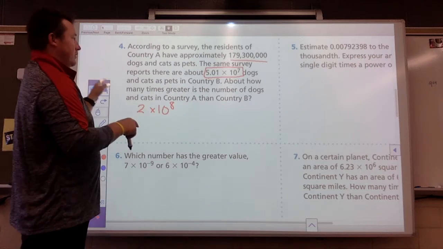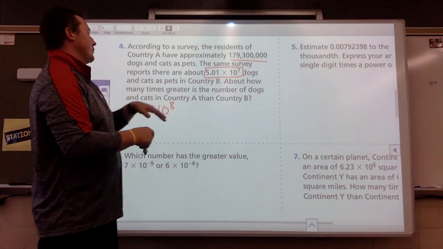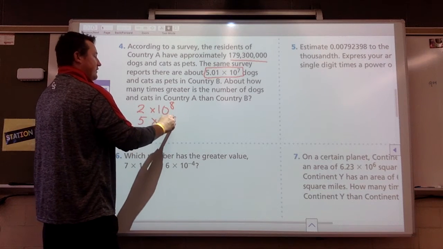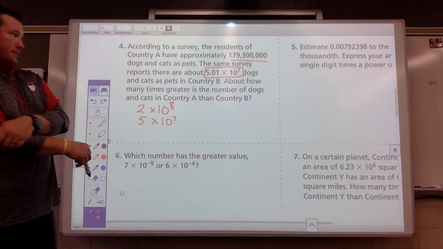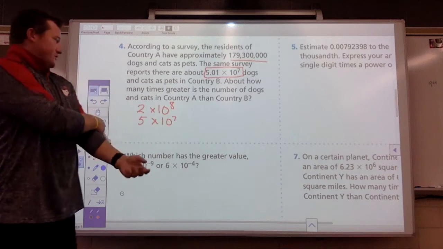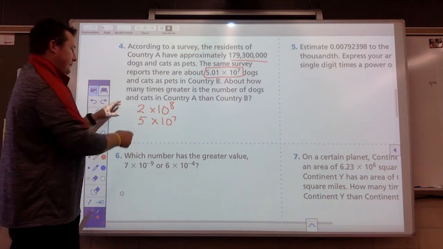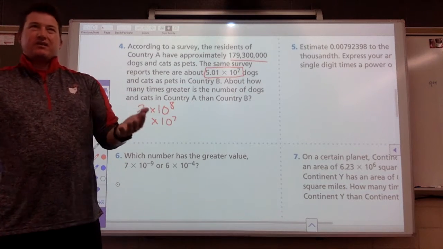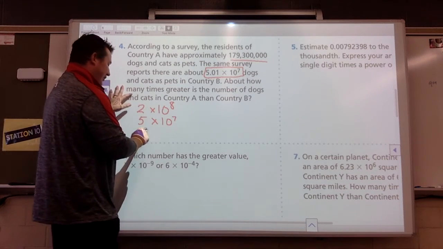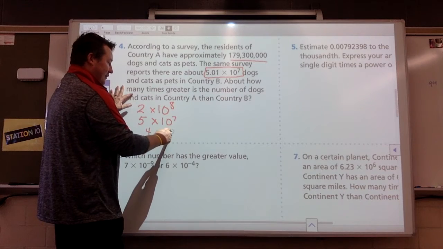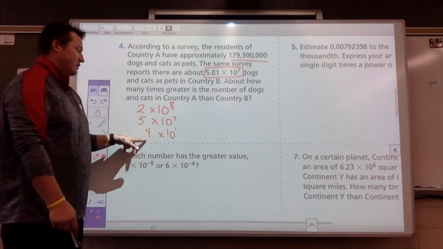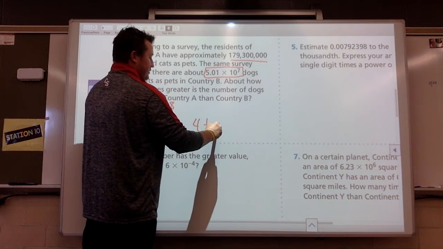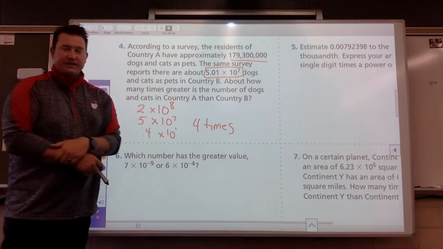Country B is this number. We'll just call this 5 times 10 to the 7th. So 2 divided by 5. What's 2/5? About 0.4 as a decimal. This is going to be 10 to the first power. So if we came up with 4 times, I think that would make all of us happy.